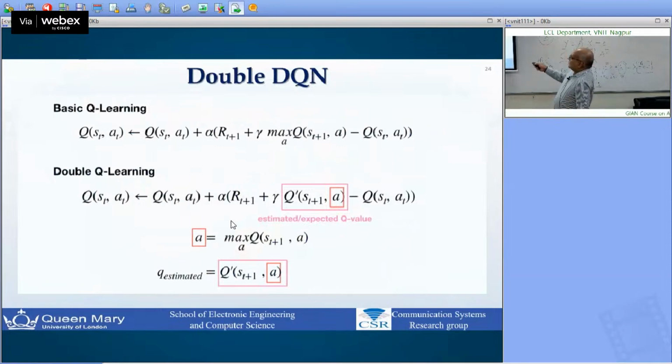From a particular state, we are going to consider all possible actions, and select the action that gives the maximum Q value. Then minus the old Q value. By this way, we are going to update the Q value. But the problem here is that we are going to have overestimation. Because of that, we are going to have double Q learning.